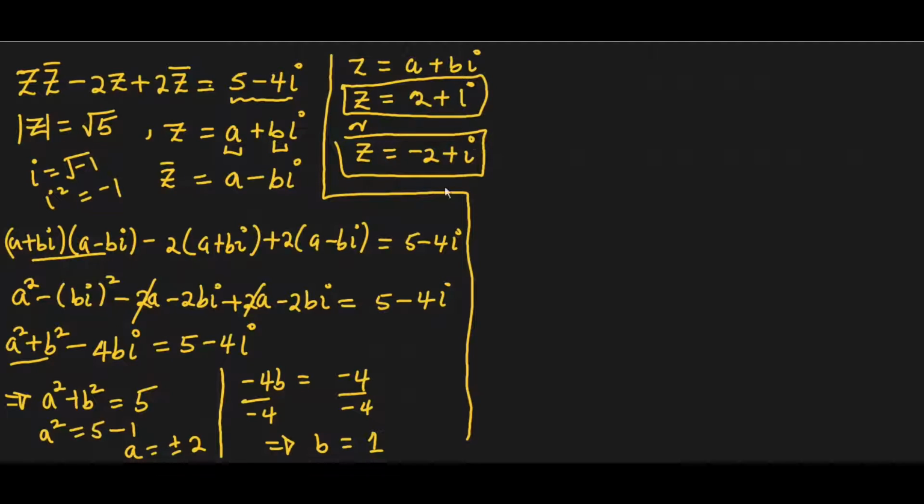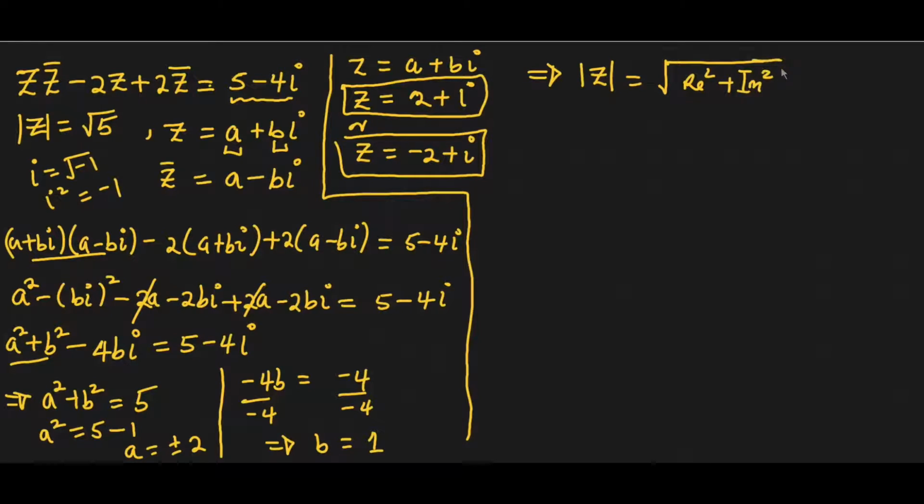Now, the question wants us to prove that the magnitude or the modulus of z equals square root of 5. So the magnitude of z is equal to the square root of the real part squared plus the imaginary part squared.